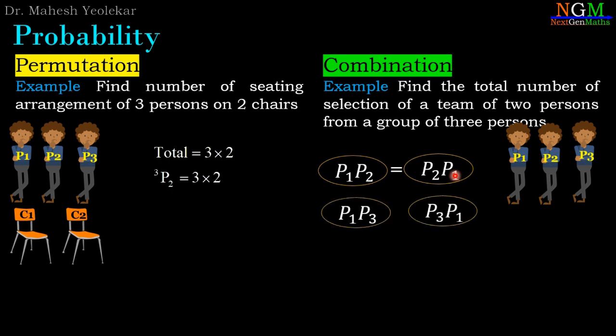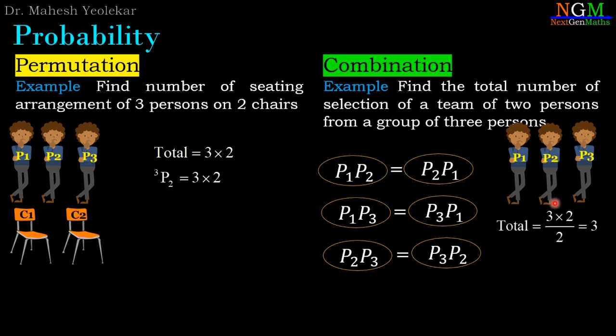In the second option, P1, P3 and P3, P1 are also the same. P2, P3 and P3, P2 are also the same. That means we have 6 ways of selecting a team of 2 persons, but each team is repeated 2 times because here the order of selection is not important.